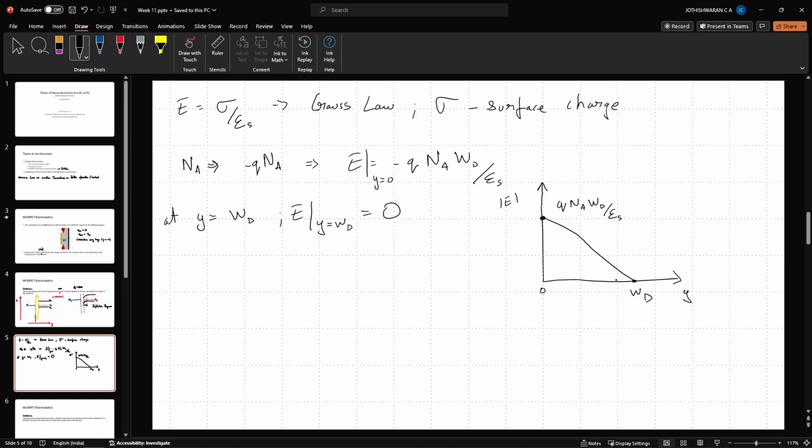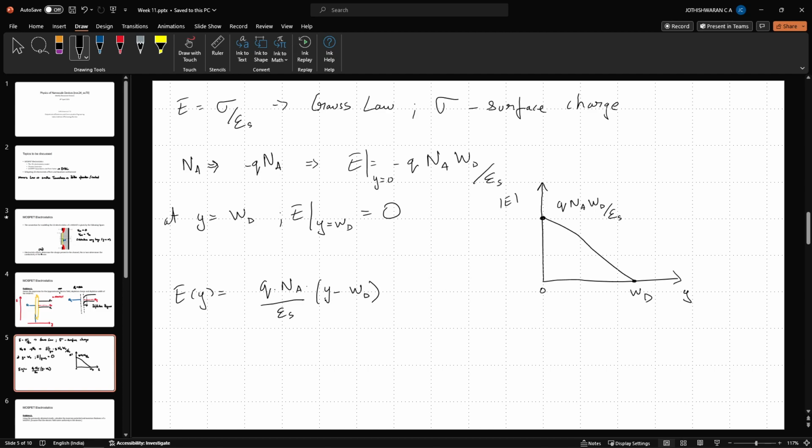Since this is varying linearly, I can directly get the equation E of y is equal to Q times Na, again only worrying about the magnitude here, divided by epsilon S. So at y equal to 0, it is that, and I'm assuming it is varying linearly, so I'm going to write this as divided by epsilon s times y minus Wd. So this also accounts for the sign.